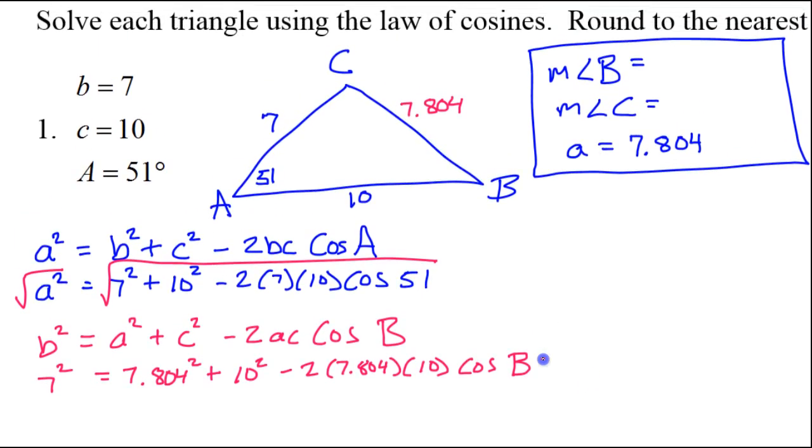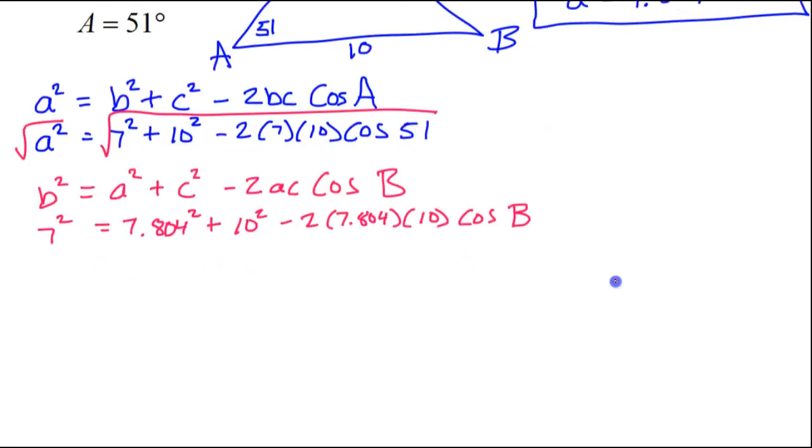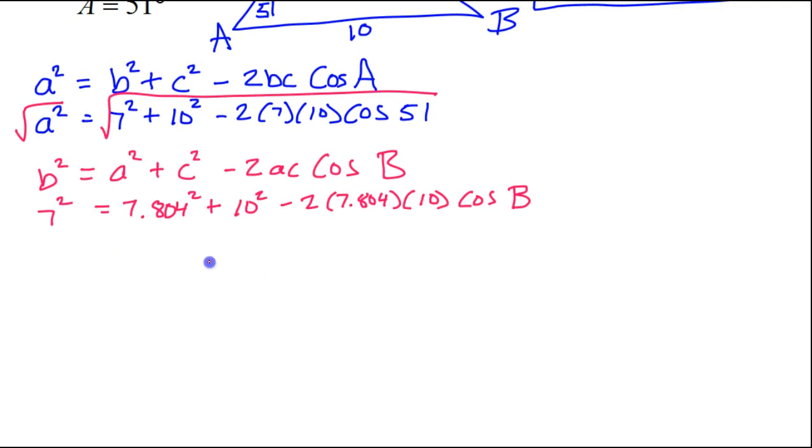The way we will do that is we need to subtract these two terms from both sides. So if we do that, we're going to get 7 squared minus 7.804 squared minus 10 squared. I've subtracted these two terms from both sides.